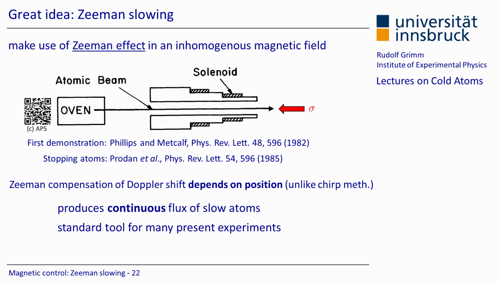This setup can produce a continuous flux of slow atoms, which can be very efficient, for example, to load other traps, and it has become a standard tool for many present experiments. If you visit our labs, you will see many different Zeeman slower setups. It's used on almost all the experiments that we have.